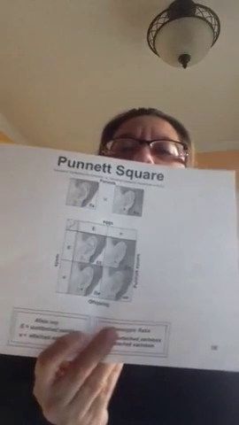What it did is allow us to easily calculate probabilities of genotypes and phenotypes among the offspring. The Punnett square on the next slide shows 50%.